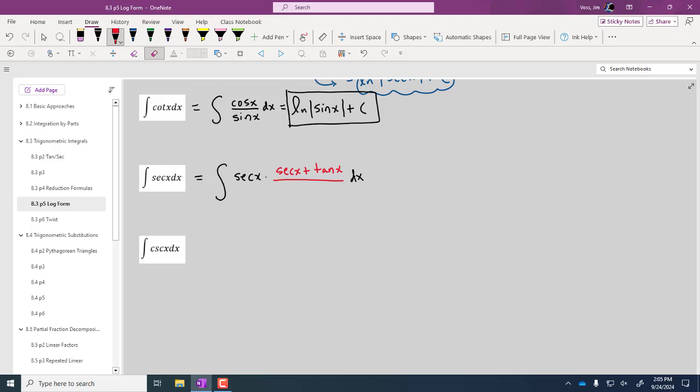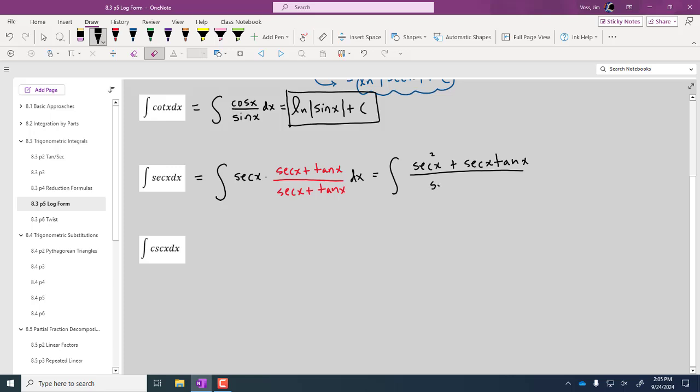And it turns out that that is the version of 1 that makes the integrand in log form. So I claim right now that the integral is now in log form. So if I distribute this secant in the numerator, we'll get secant squared plus secant tangent. And in the denominator, we have secant plus tangent.